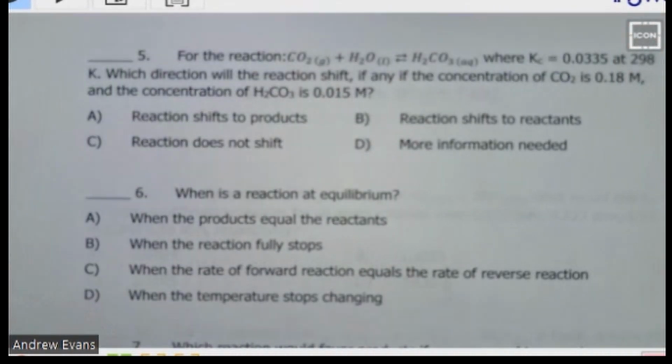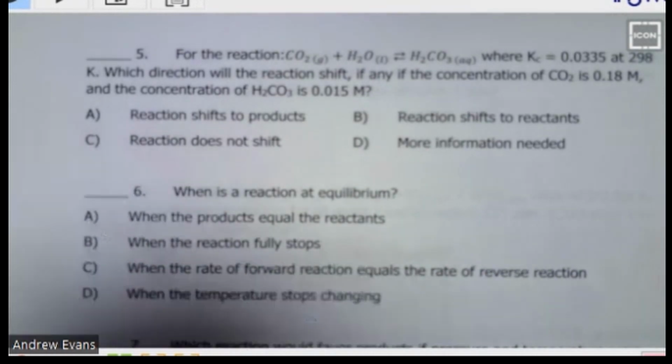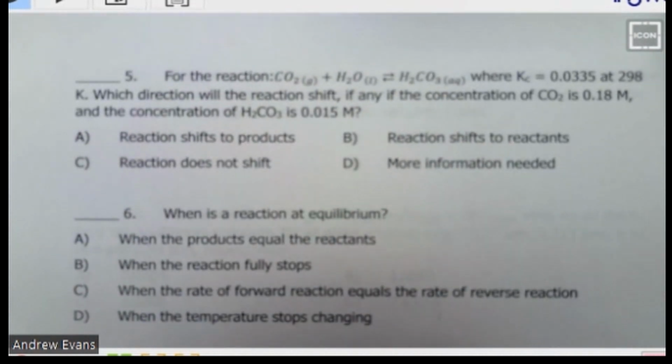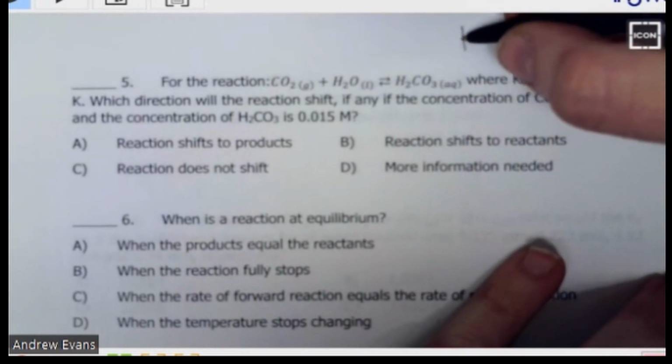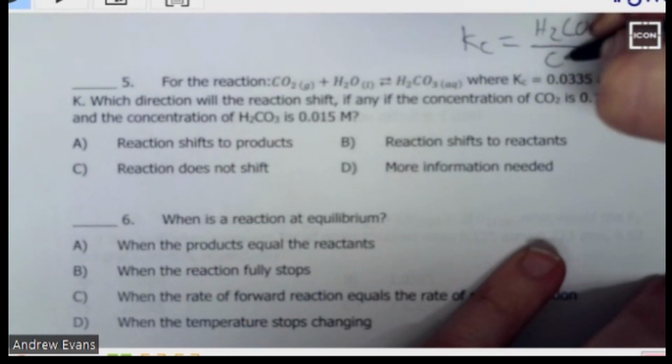For a given reaction of this, blah, blah, blah, Kc is this at 298. What direction will the reaction shift if the concentration of CO2 is 0.18 and the concentration of H2CO3 is 0.015? So products over reactants, Kc equals H2CO3 over CO2.